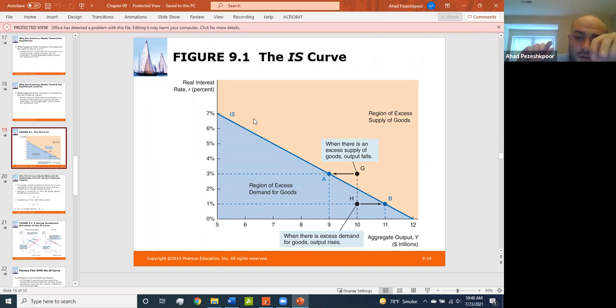Now, you could be on the left side of the IS curve or on the right side. You may happen on each one of these sides. So let's assume we're at the right side. The economy is at the right side of the IS curve. What would happen?